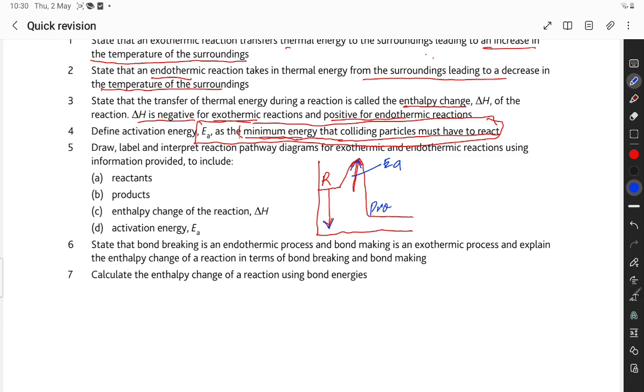This is exothermic. The energy unit is kilojoule per mole on the y-axis, and progress of reaction on the x-axis. This is delta H, the enthalpy change, and this is the endothermic reaction.